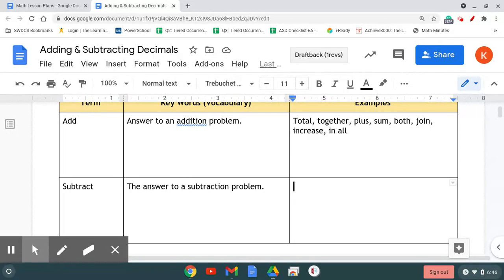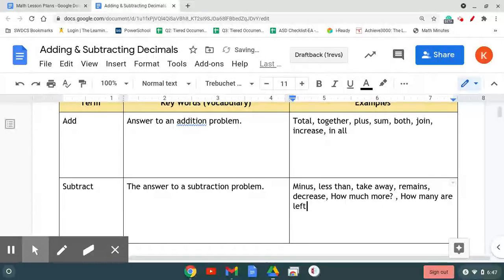So another word for subtract is minus, less than, take away, remains, decrease, or the whole phrase of how much more, or how many are left.